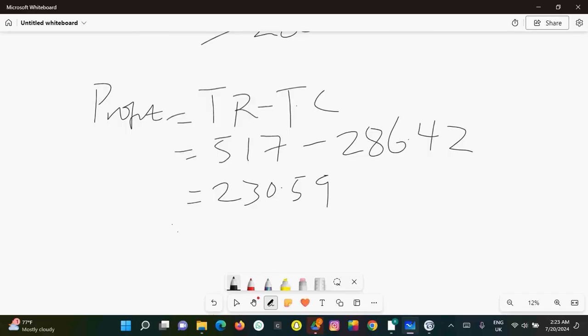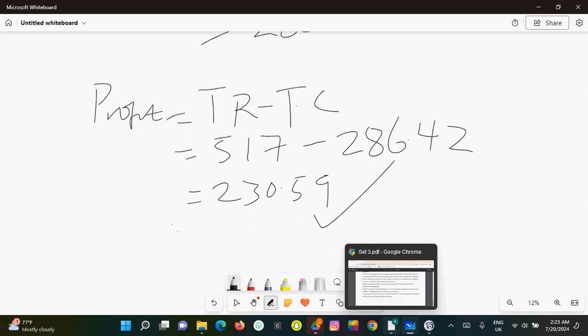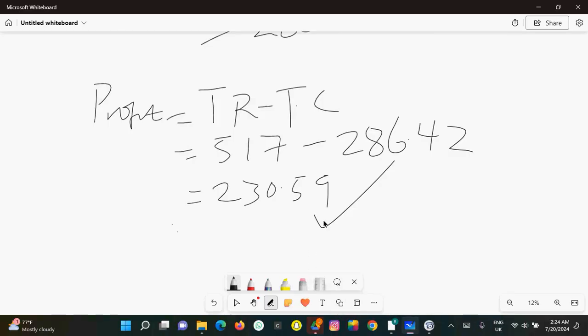This basically means that firms will enter the market, since individual firms are making profit. If individual firms are making profit in this market, then other firms are going to come into the market and compete until this abnormal profit turns to normal profit.